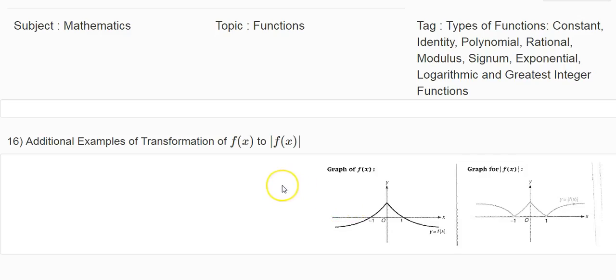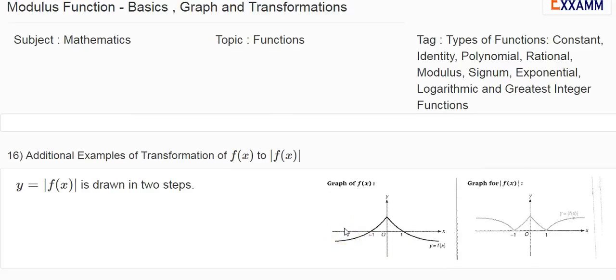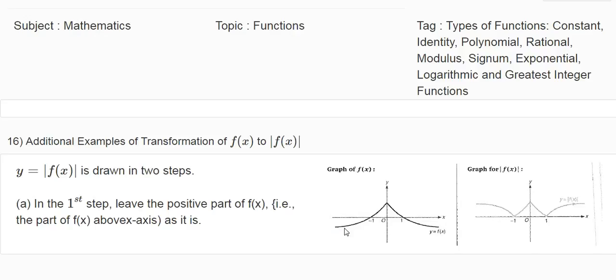Now let us consider the transformation of f(x) to modulus of f(x). Let us take a generic graph. We have chosen this particular graph because when we transform it to modulus of f(x), we will have all the properties explained properly. So there are two steps for this graph.